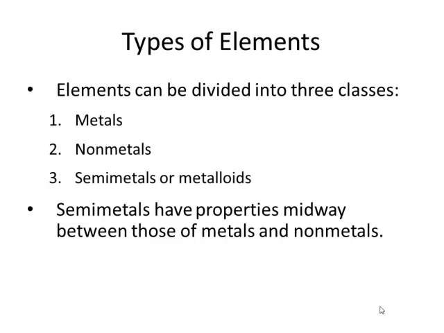Semimetals have properties midway between those of metals and nonmetals, and they're located on that periodic table on either side of the staircase on the right, where you see boron, aluminum, silicon, germanium, arsenic, antimony, tellurium, polonium, astatine. So they would be the metalloids that they're referring to in number 3 here.